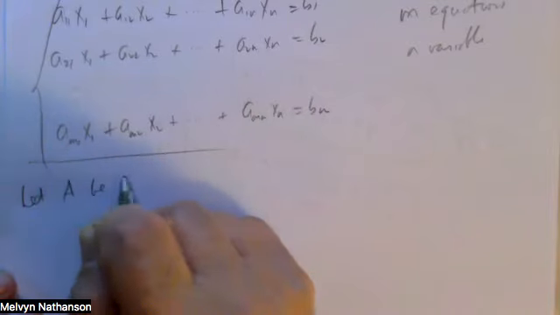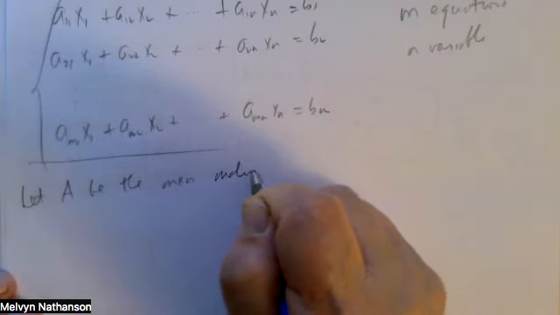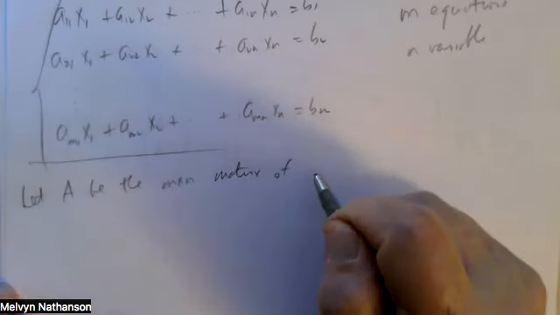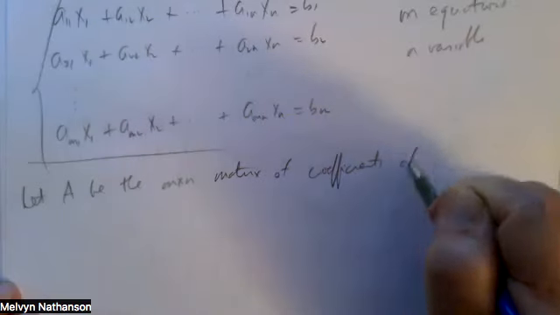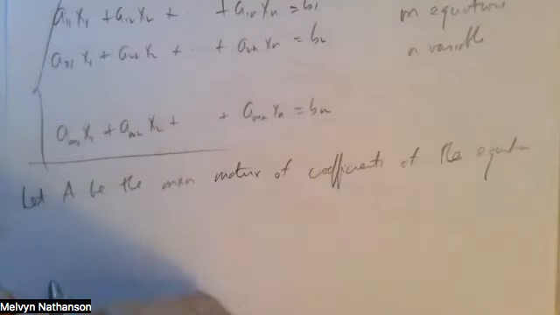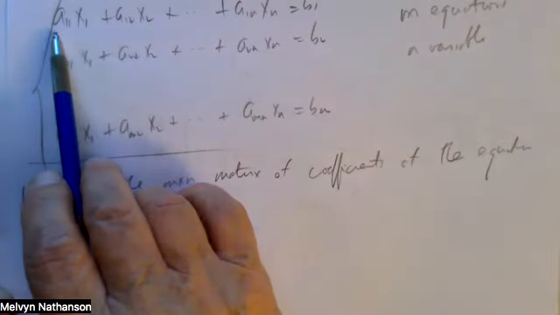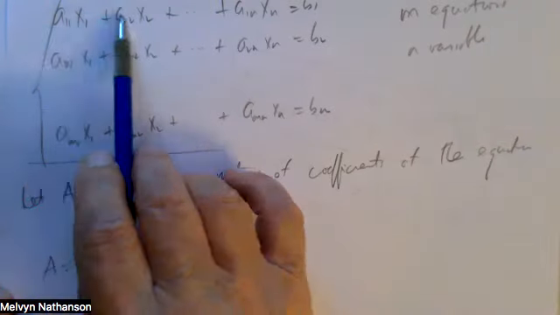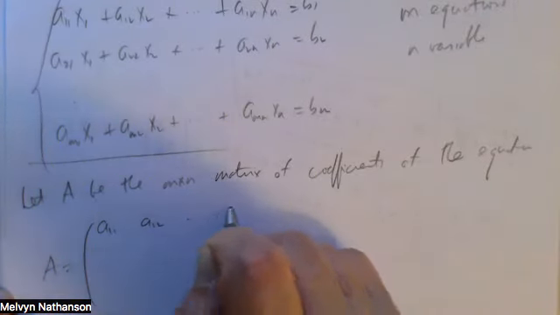So let A be the m by n matrix of coefficients of these equations. In the first row, the n numbers are the coefficients a11, a12, up to a1n.